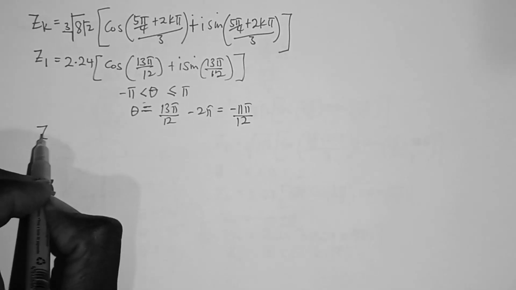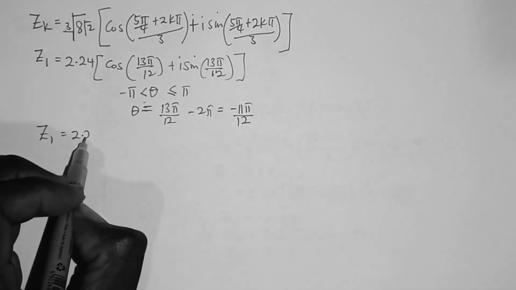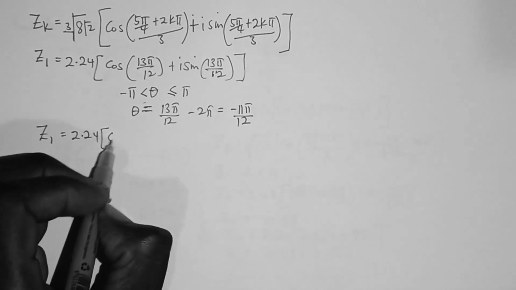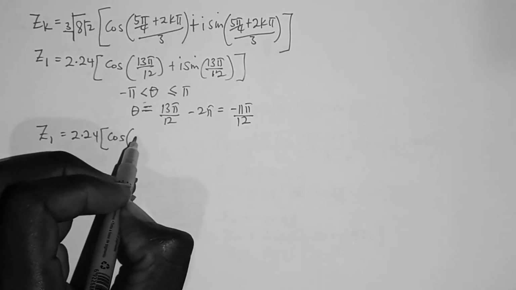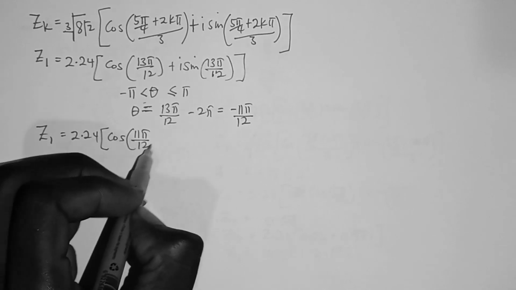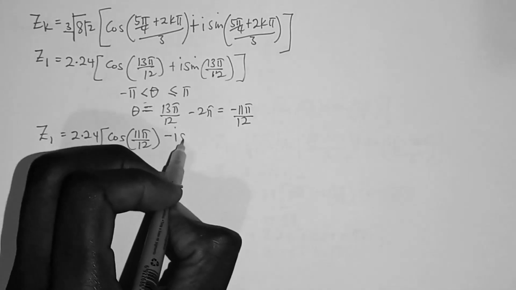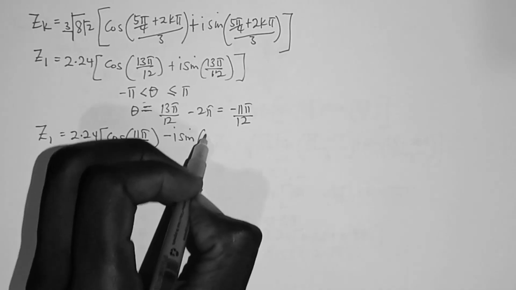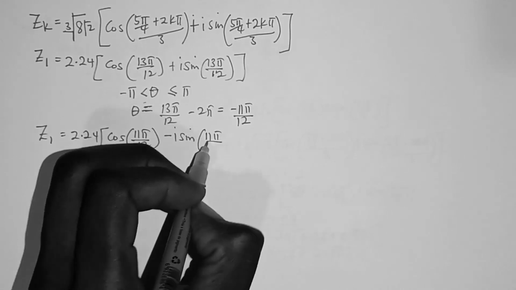So Z1 is equal to 2.24 times cos into bracket 11 pi over 12, then minus i sine into bracket 11 pi over 12.